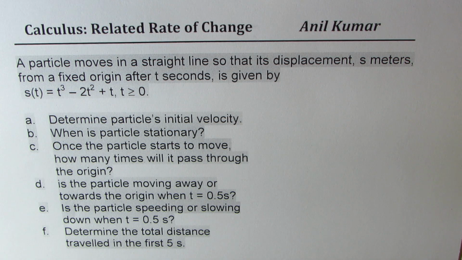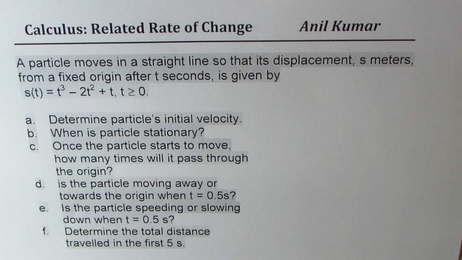E. Is the particle speeding or slowing down when t equals 0.5 seconds? F. Determine the total distance, not displacement, traveled in the first 5 seconds. You can actually pause the video, answer these questions, and then look into my suggestions.